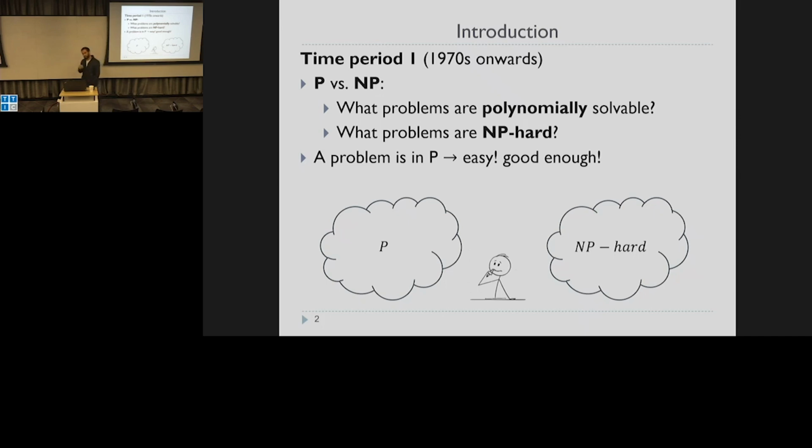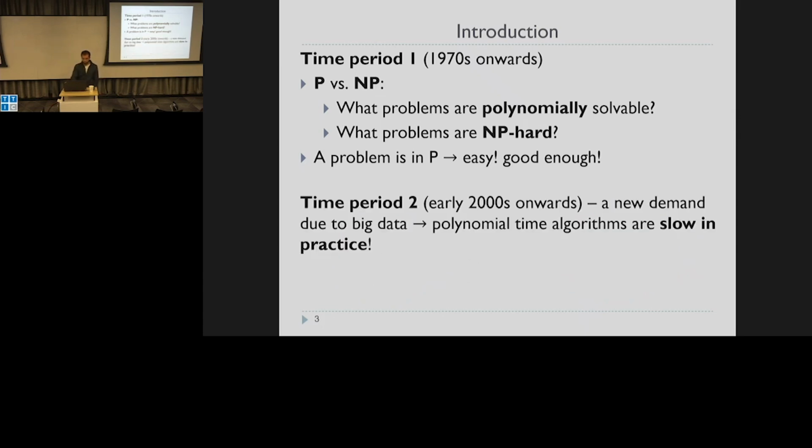And if it was concluded that the problem is in P, then people thought, okay, that's easy, we're good, we're happy. And if it was proved NP-hard, then maybe not so much.